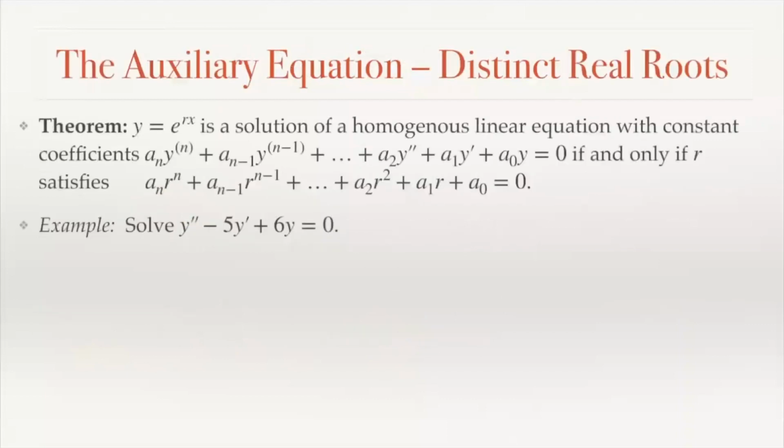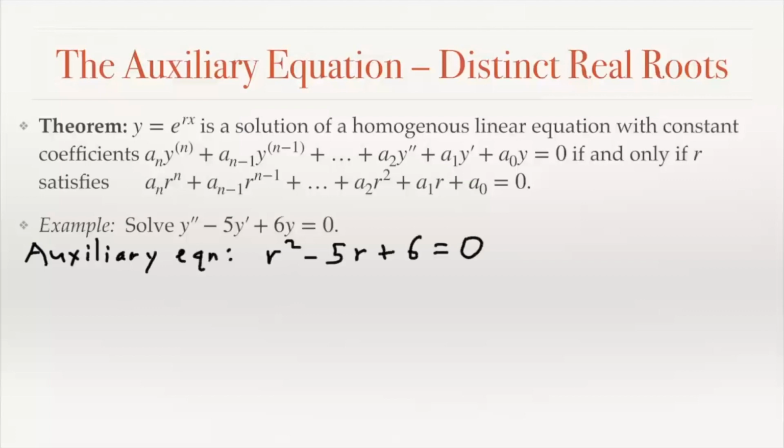Let's illustrate this. Let's solve this differential equation. First, what's the auxiliary equation here? That would be r squared minus 5r plus 6 equals 0. We want to solve for r. That is (r minus 2)(r minus 3) equals 0.